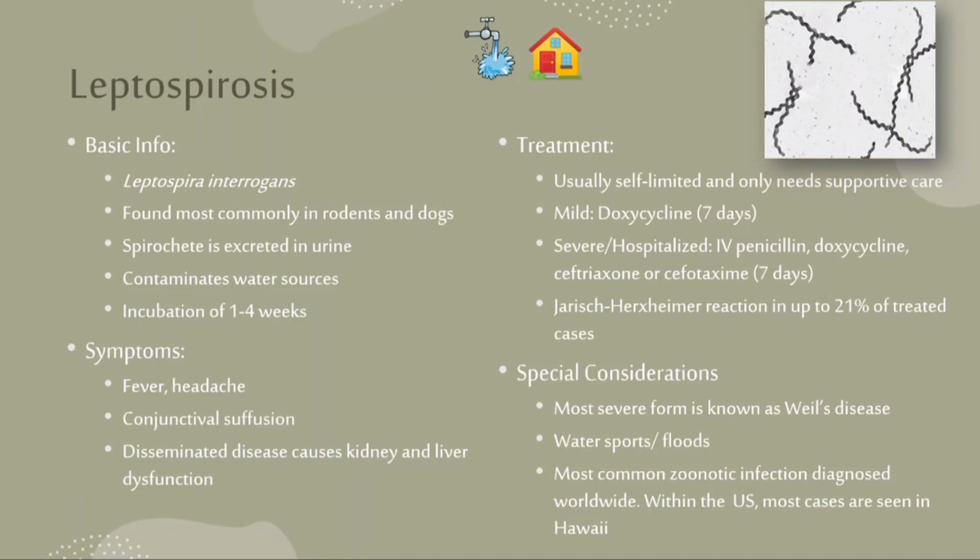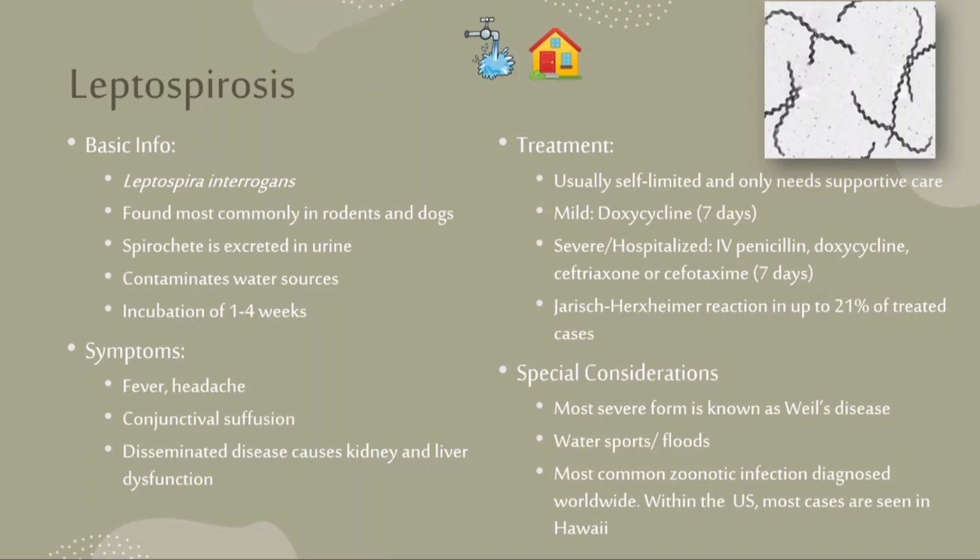In mild cases, they usually use doxycycline for 7 days. If you have a severe infection or you're hospitalized, they go ahead and move to IV penicillin as the first-line treatment. You can also use ceftriaxone or cefotaxime, and these are going to be for a minimum of 7 days.